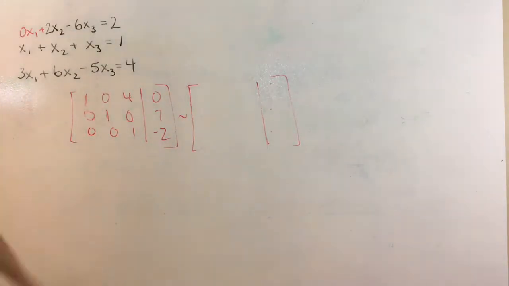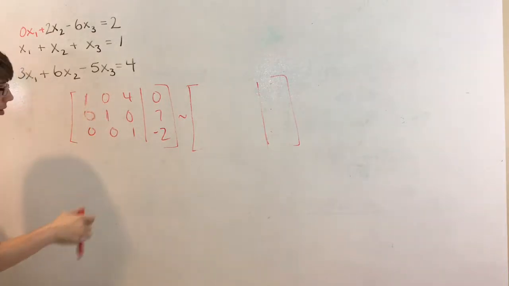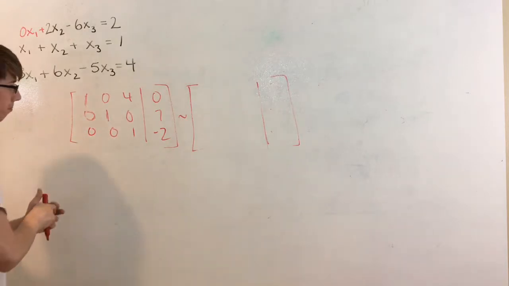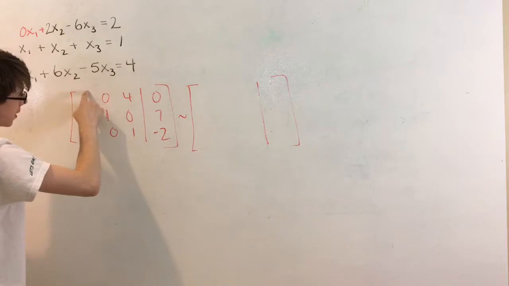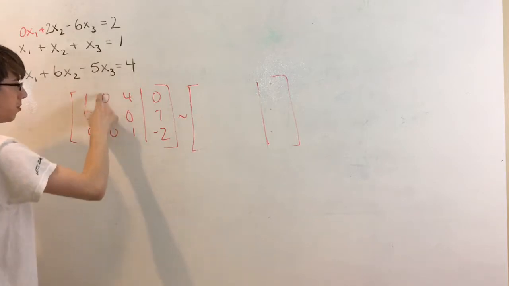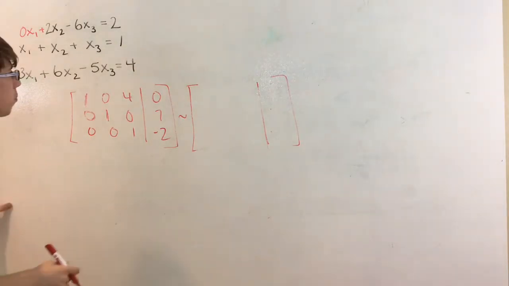Now, how do we do this? Remember, we want to make sure that when we're adding the rows, we don't want this to become anything other than 0. So what does that mean?